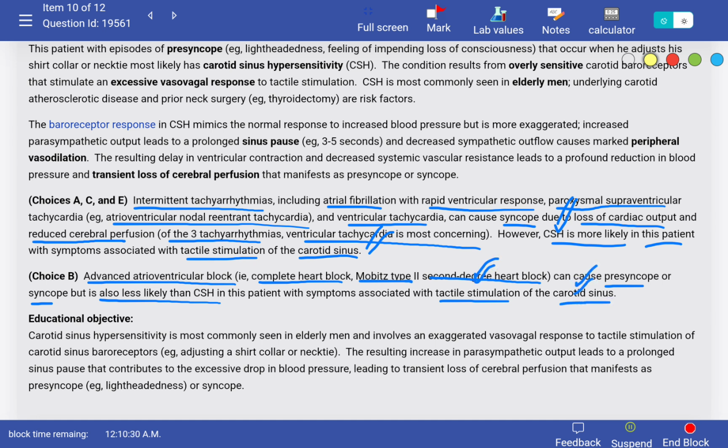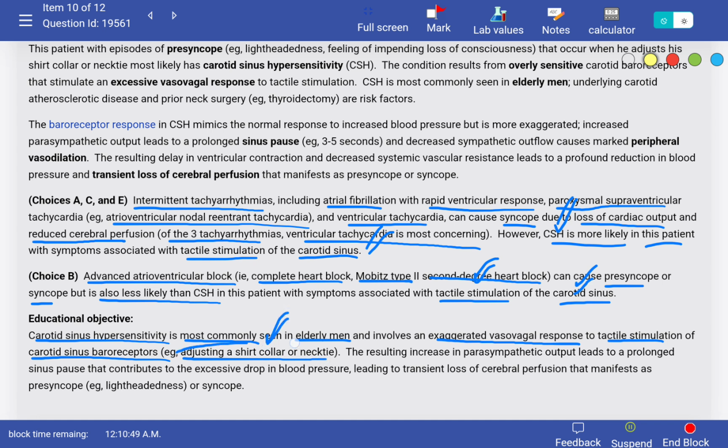Again, like necktie. Okay, so carotid sinus hypersensitivity, most commonly seen in elderly men, involves exaggerated vasovagal response to tactile stimulation of carotid sinus baroreceptors, adjusting a shirt collar or necktie.